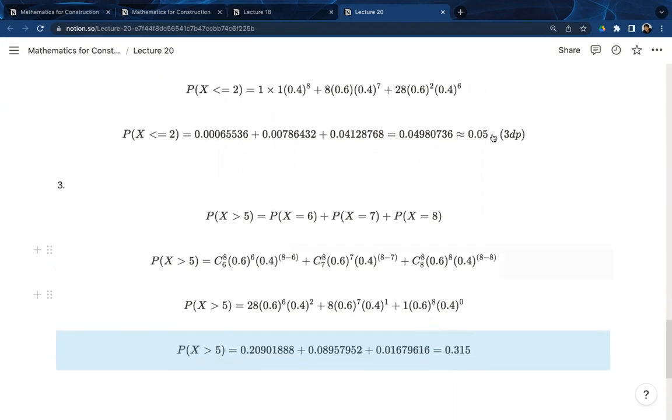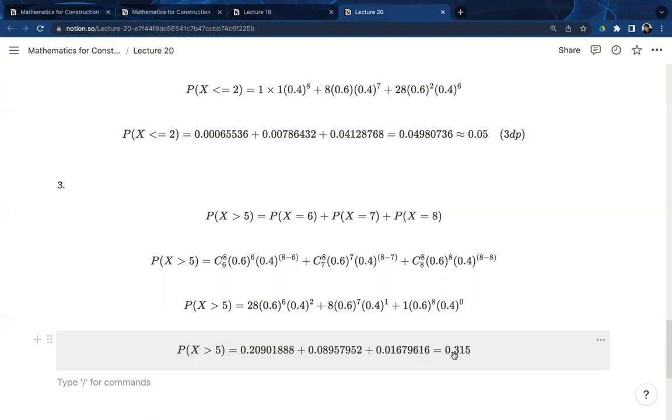That's a lot bigger than this probability here, right? So it shows you that this is more likely to happen. In a group of 8 people, if you ask what's the chance of more than 5 of them supporting party A, that's a significant probability. There's 31%, almost 32%. Almost a third, right?